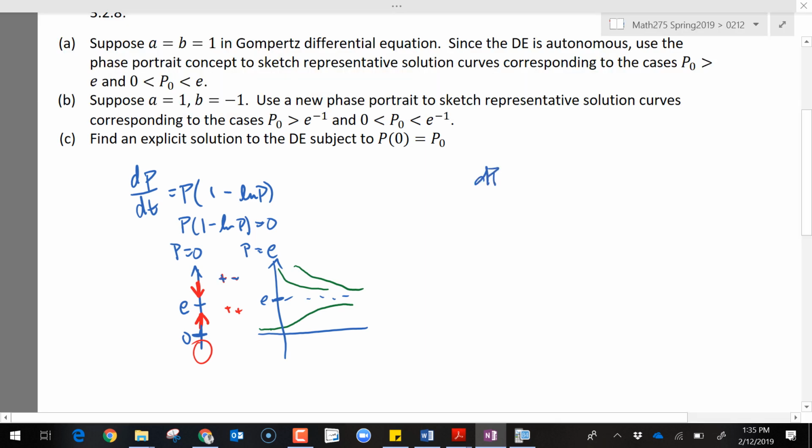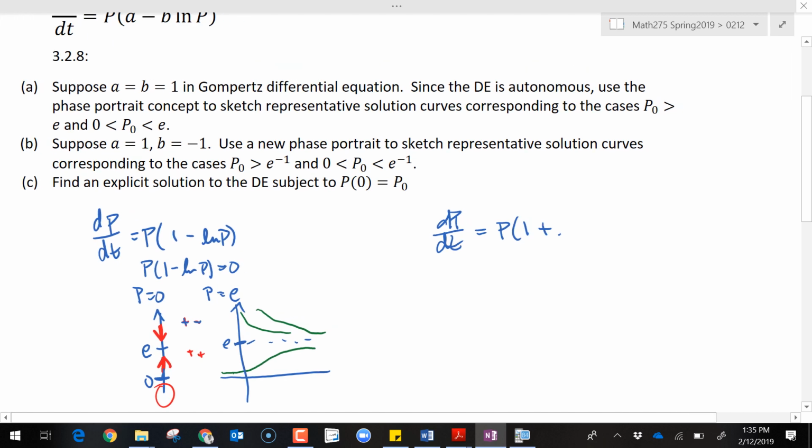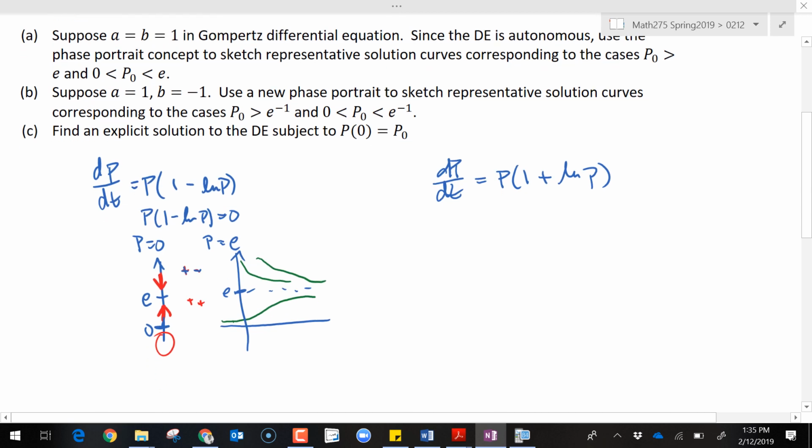Now let's change our a and b. This time dP/dt is equal to P times (ln P plus 1), with a equal to 1 and b equal to negative 1. So we have a negative times a negative. That's going to be positive. And then if we do the phase portrait for this, we set this equal to 0 again.